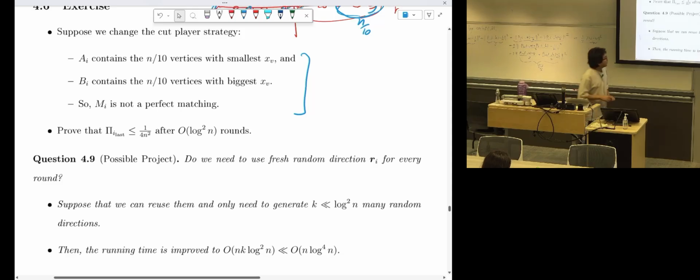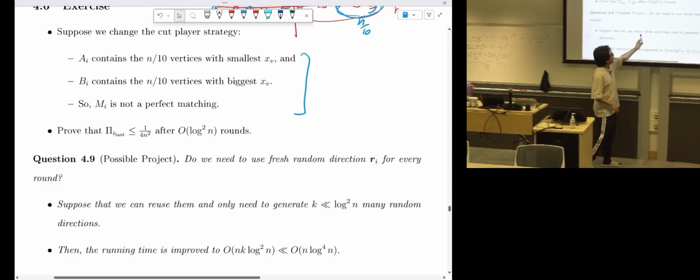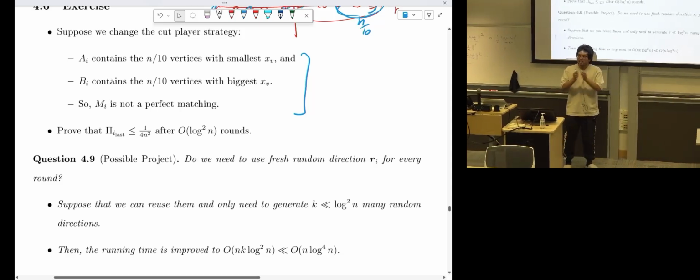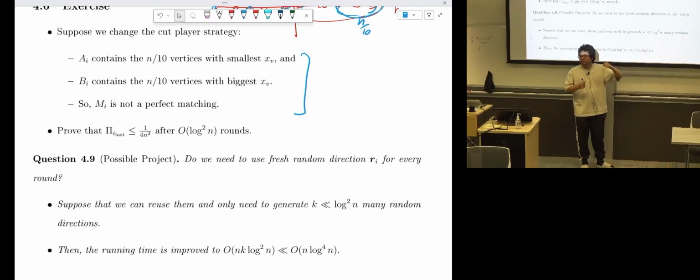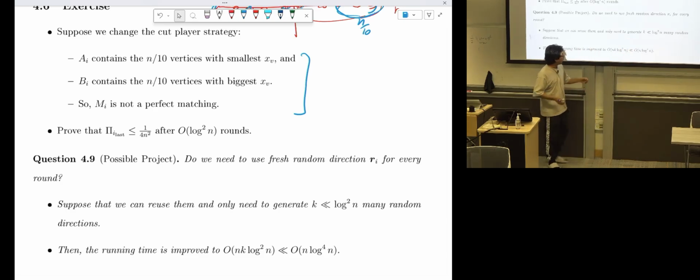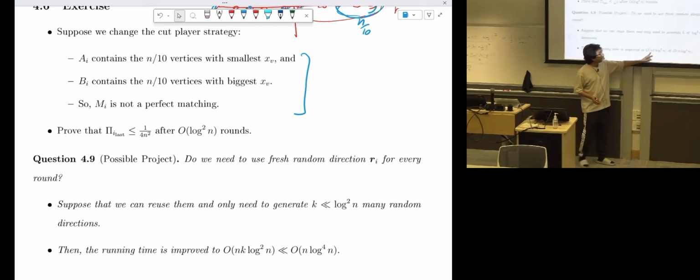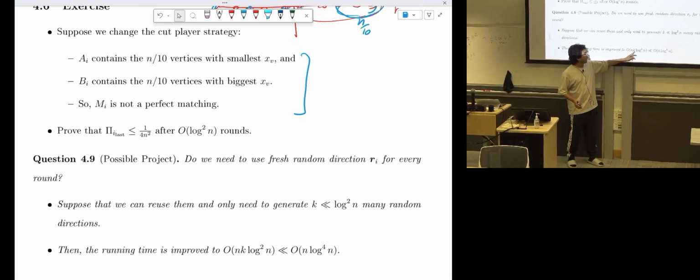But why is this good? Because suppose that you can reuse them, and you need to generate only k many random directions. Then you can go through the analysis and see that the running time is going to be n k log square.